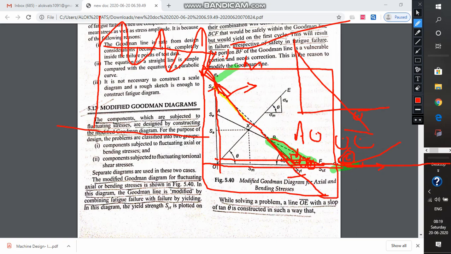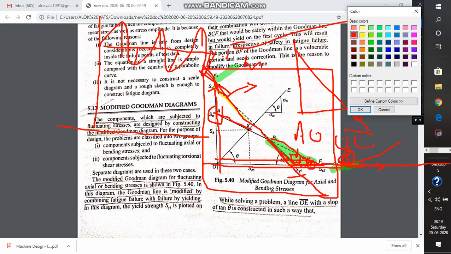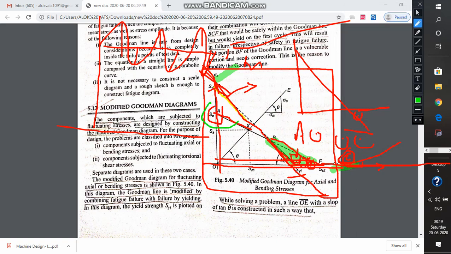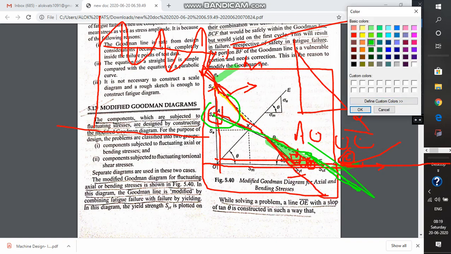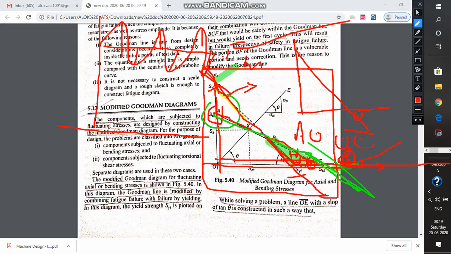But from the point of view of the Goodman line, that is the line joining the endurance limit SSE to the ultimate tensile strength, the component will still be safe, because this point A still lies within the region of safety defined by the Goodman line previously.